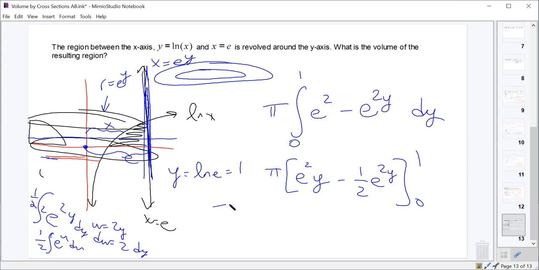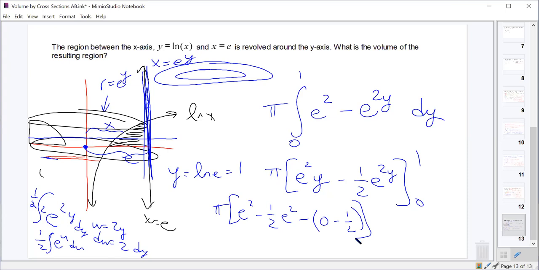All right, let's evaluate. We have pi times e squared minus 1/2 e squared. You're plugging in 1. And then this time, if I plug in 0, I'm going to get minus 0 minus 1/2 of e to the 0, which is just minus 1/2. You have to make sure. Oftentimes, people see a 0 as the lower limit and just ignore it.